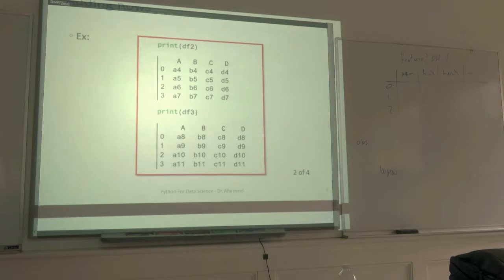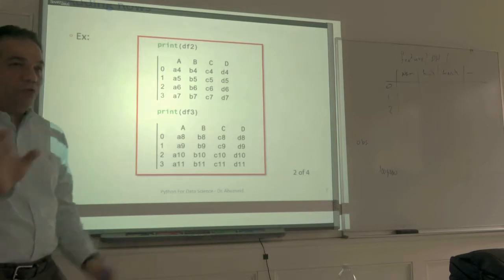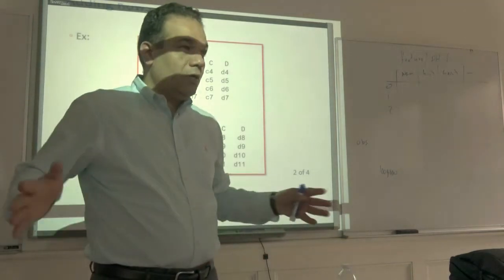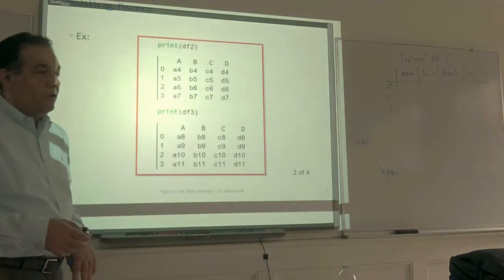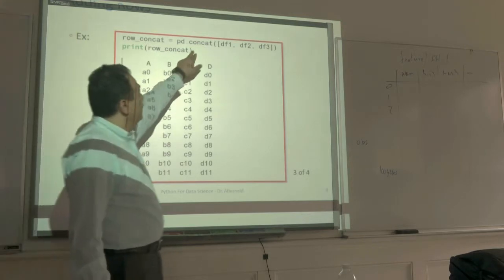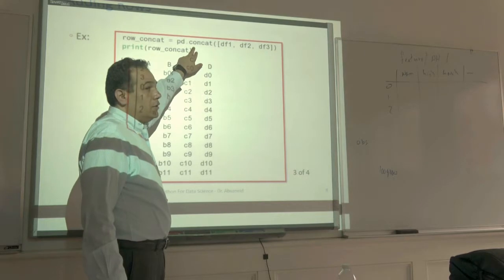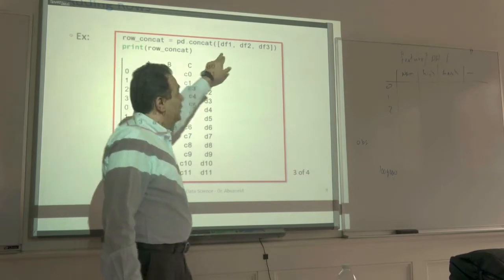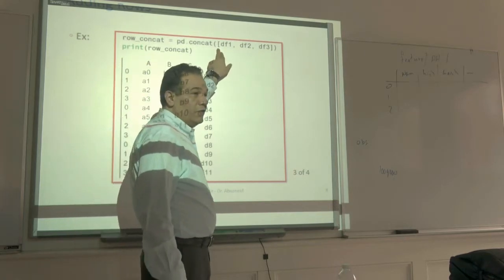So you know the trick in this example: try to concat, to connect them together. Very simple. If I need to connect them, I call the function concat and pass a list of data frames.